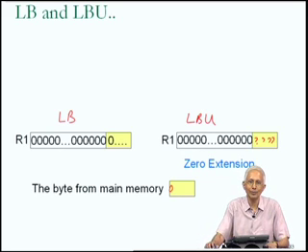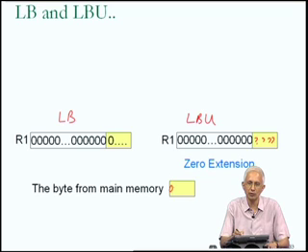Whereas in the case of the load byte instruction, the way that the remaining bits are filled or extended depends on what the most significant bit of the byte that was loaded is. Now, as we have seen, if we are talking about a 2's complement value, the most significant bit gives you some information about the sign of the value.